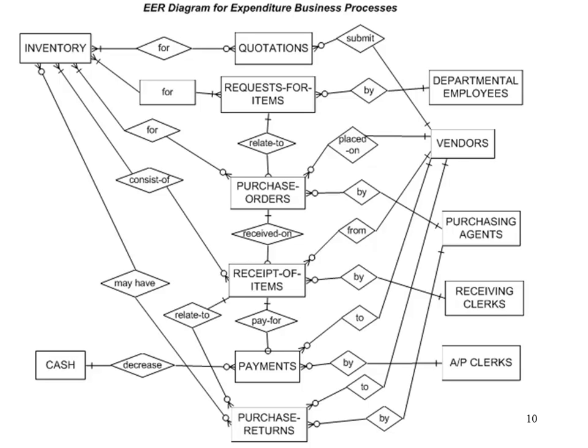So, you know, through receipt of items and purchase orders, for each payment, we can identify the vendor. Okay. So we don't need this direct link to know who the vendor is associated with this payment. Okay. So this is why we got this.